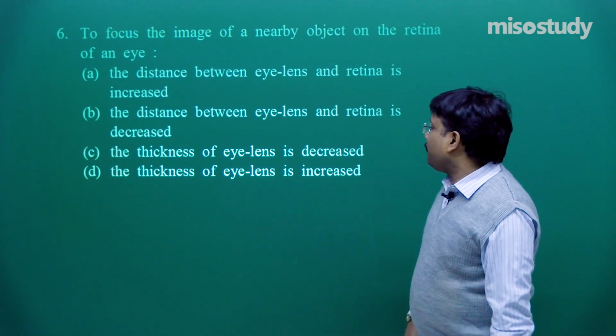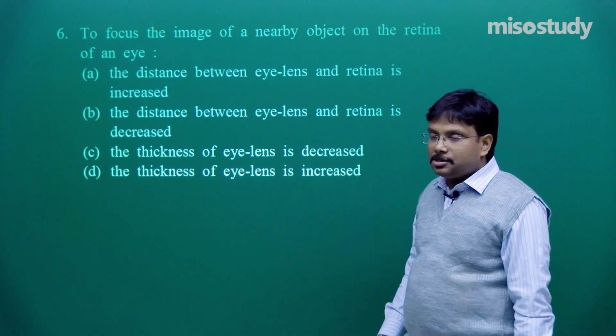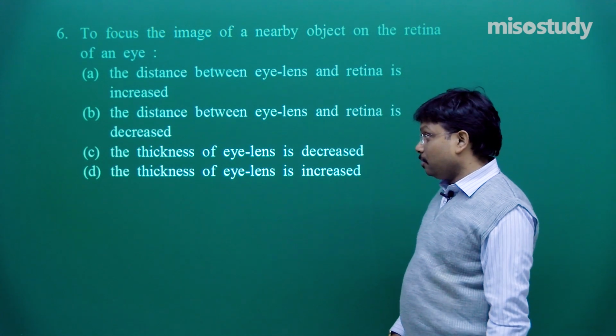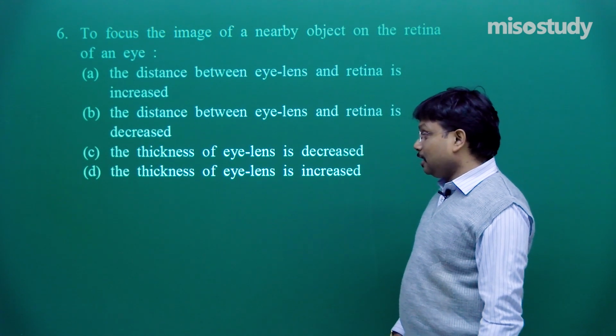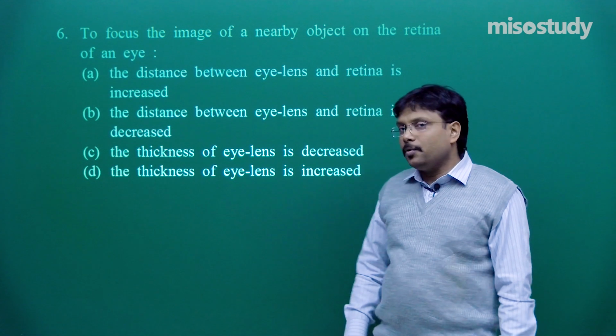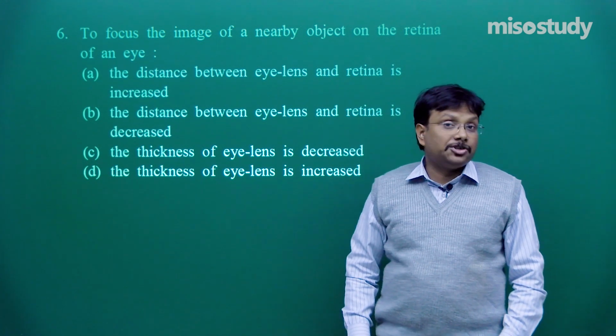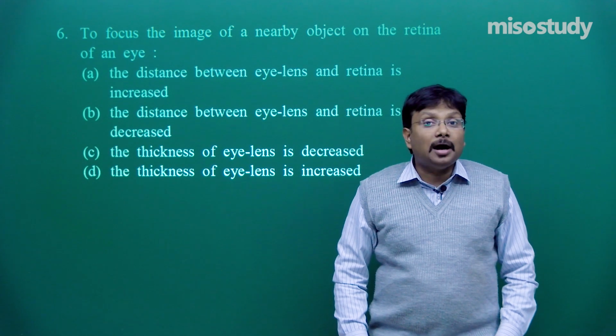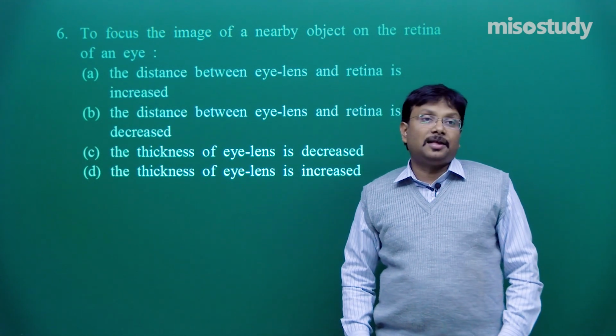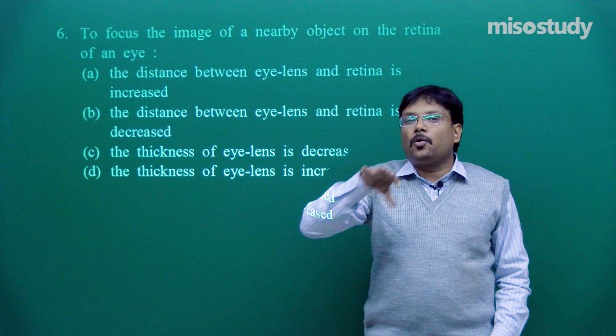The thickness of eye lens is decreased. Okay, thickness, think on it. The thickness of eye lens is increased. Now here the problem is, just try to recall, in the first or second answer I mentioned that the human eye lens, which is a convex lens, has the ability to change its focal length.